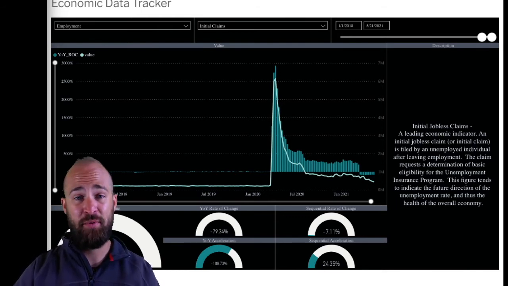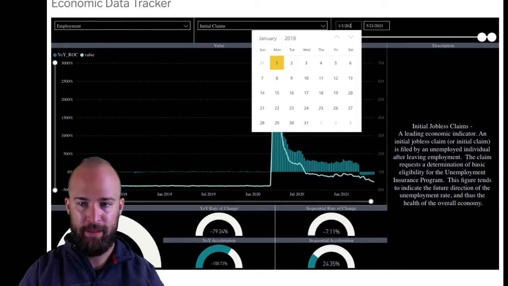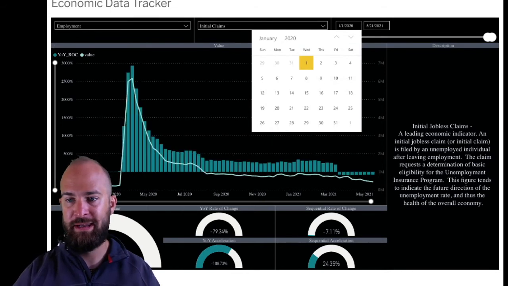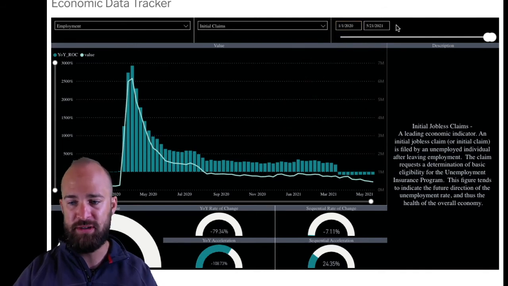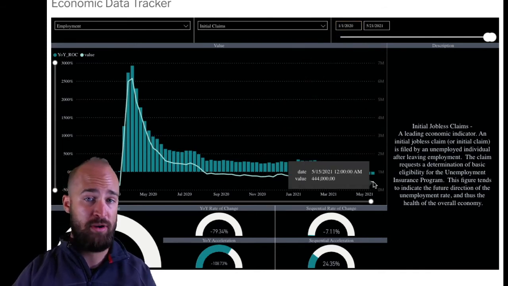Notably, though, that's an improvement from the worst of the coronavirus fallout. So if we zoom in a little bit, we'll look back to January of 2020. We see that while it's gotten much better from the worst of it, it's still above where it was pre-coronavirus.